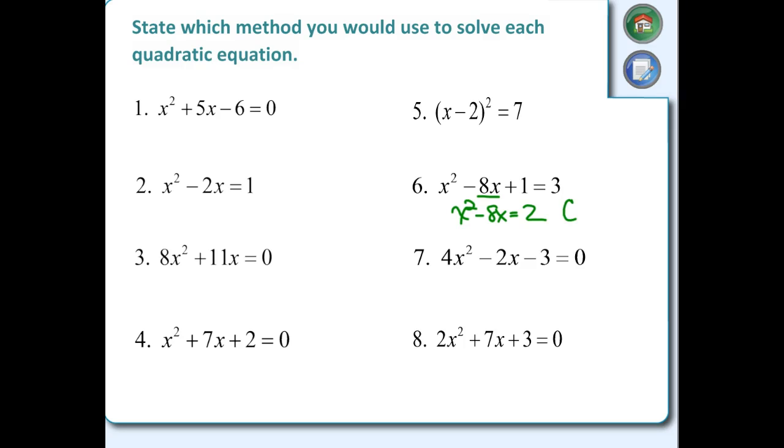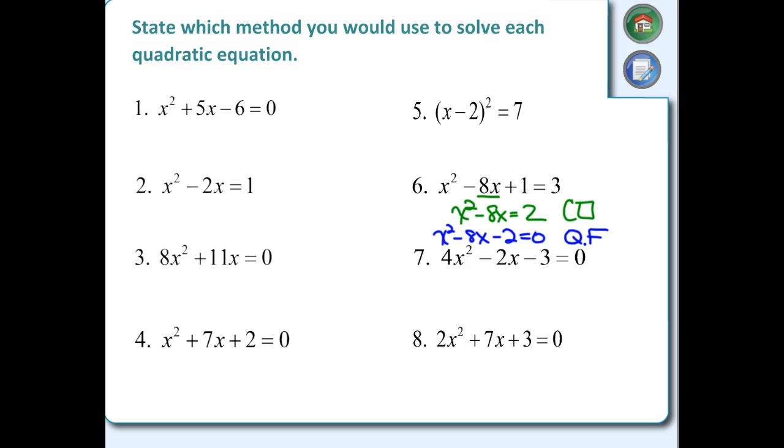So here we could complete the square, or we can make it equal 0. If we made it equal 0, we would have x squared minus 8x minus 2 equals 0, and then you could use the quadratic formula. But factoring wouldn't work on that one. There's no way we could take the factors of 2 and get 8.